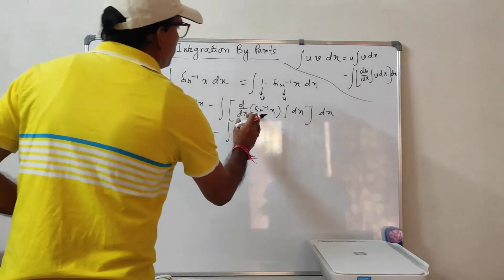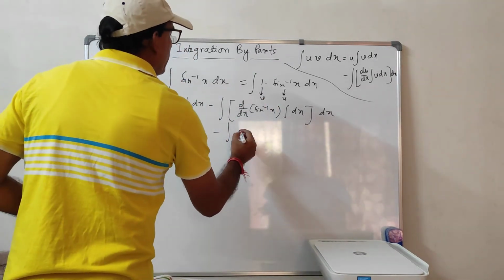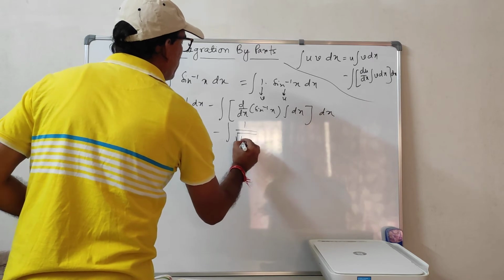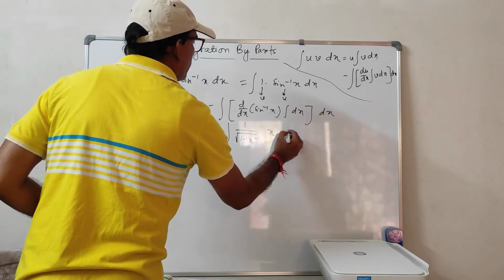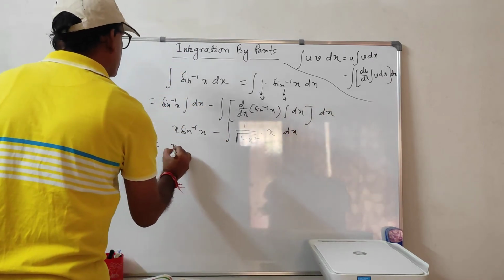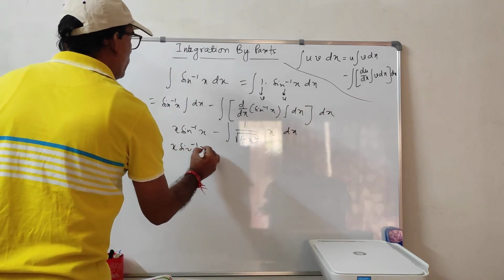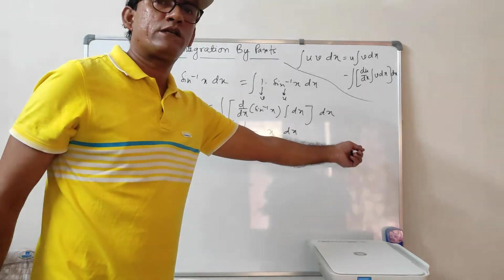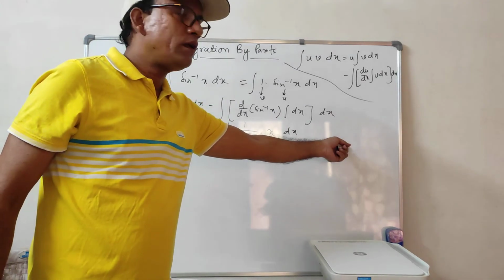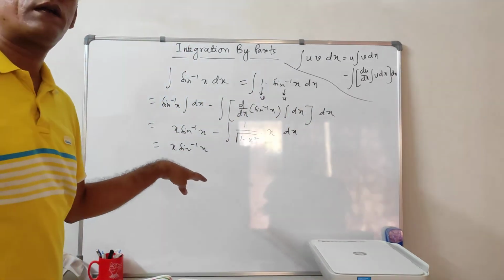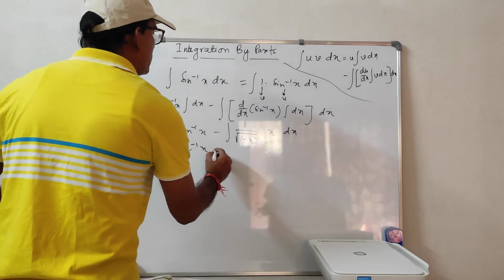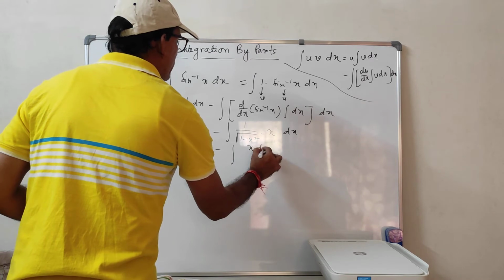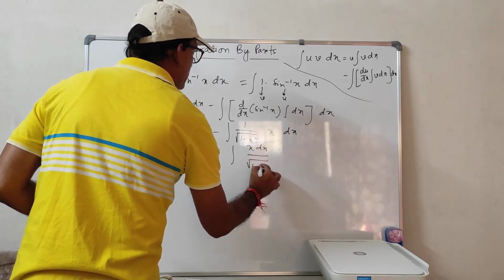So what was the formula? d/dx of sine inverse x is 1 by root over 1 minus x square, and integration dx means x. So x sine inverse x, don't put the constant of integration until the total integration is over. Sine inverse x minus integration x dx by root over 1 minus x square dx.